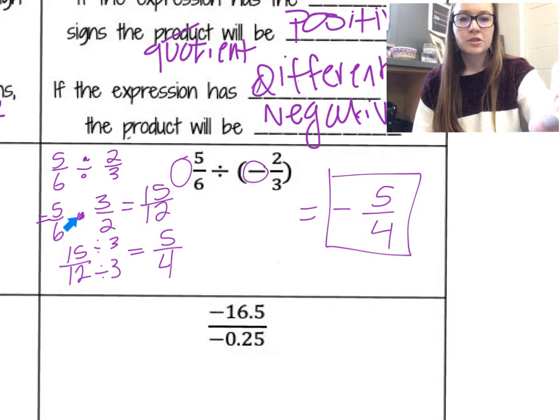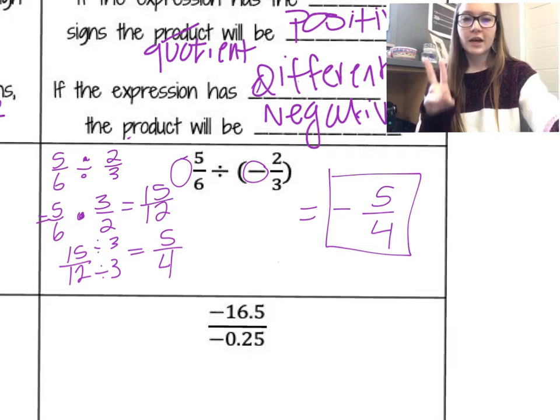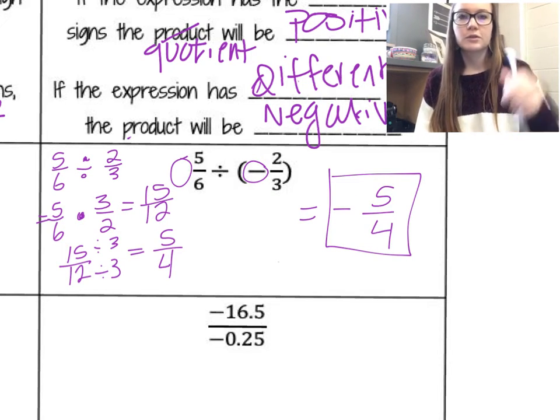I switched to multiplication, and I flipped the second fraction. We got 15/12. Then I had to reduce. So 15 divided by 3 is 5. 12 divided by 3 is 4. So it became 5/4. One is positive, the other is negative. When we're dividing different signs is a negative. So -5/4.